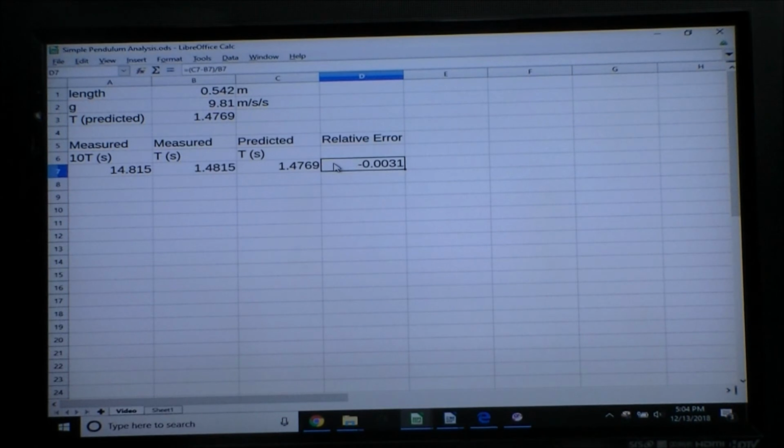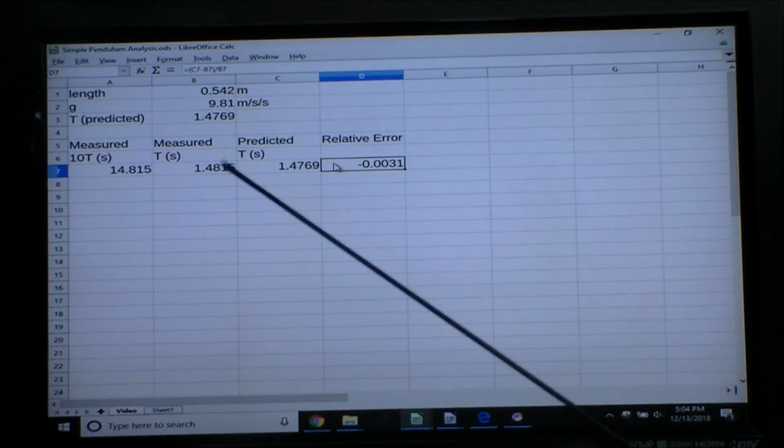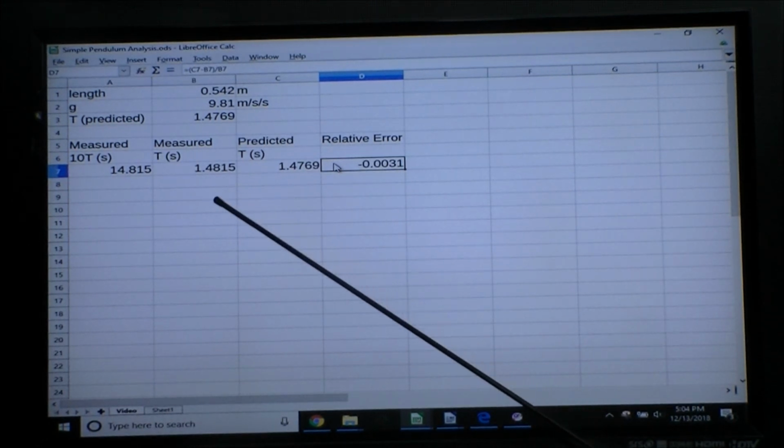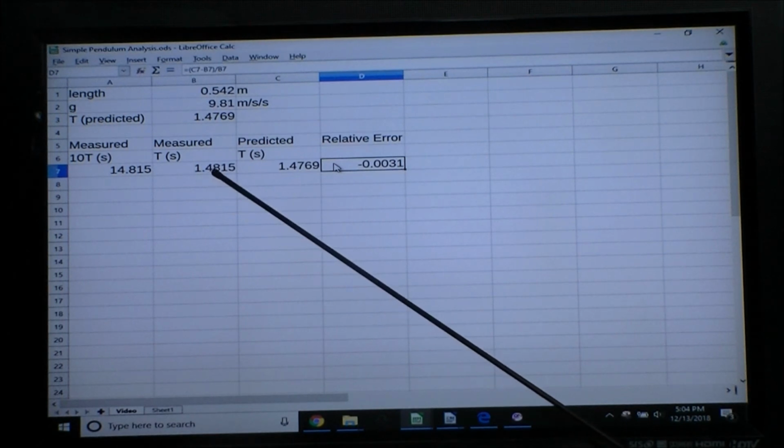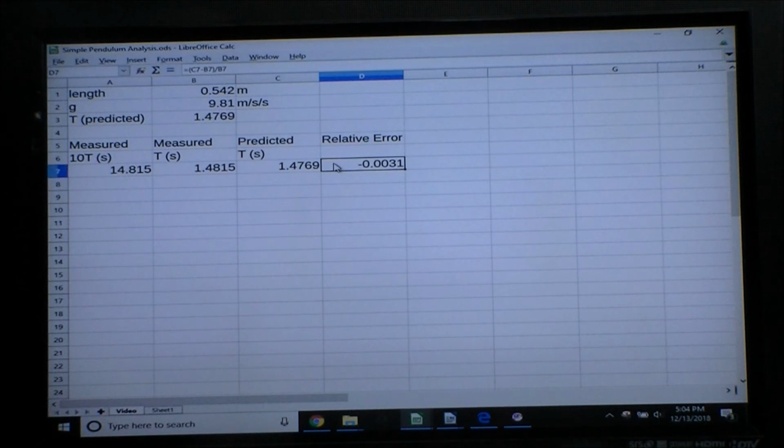And if you converted that to a percent by multiplying by 100, that's like moving the decimal place over 2 places. So that would be 0.31%, or about 0.3% for the difference between the measured value and the predicted value. So I'd say, at least in this case, our hypothesis is well supported.